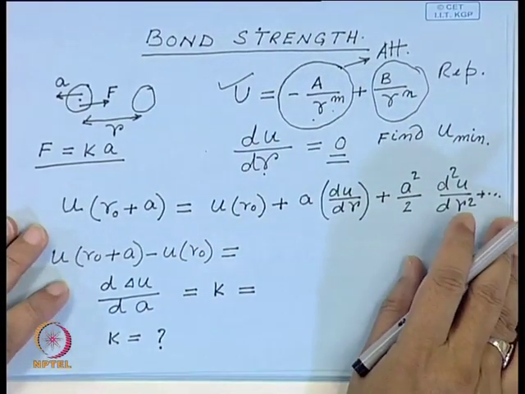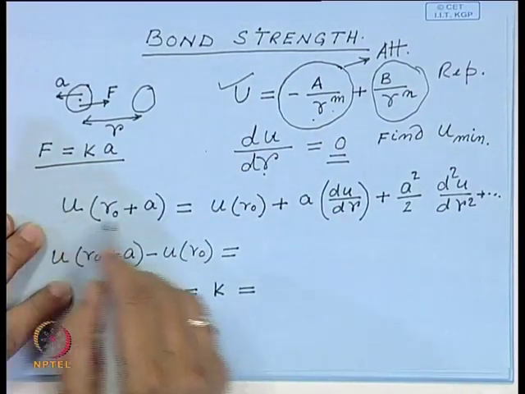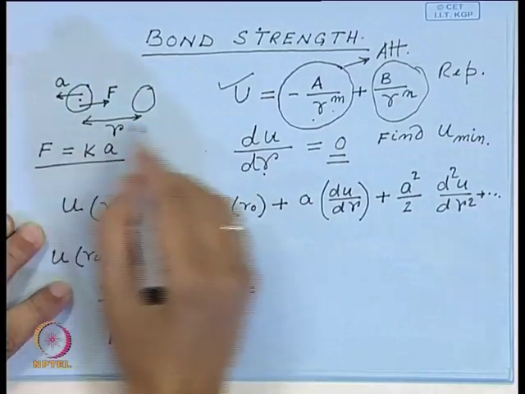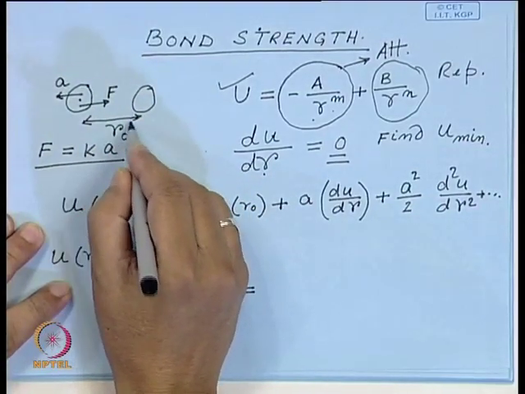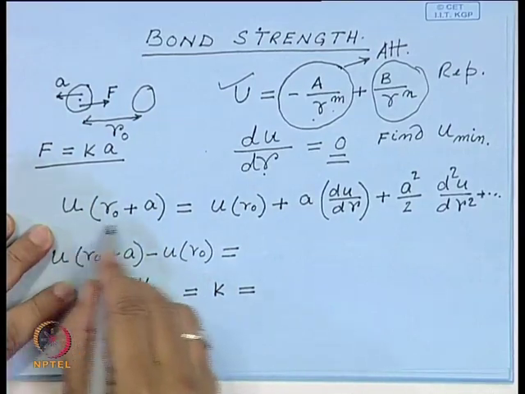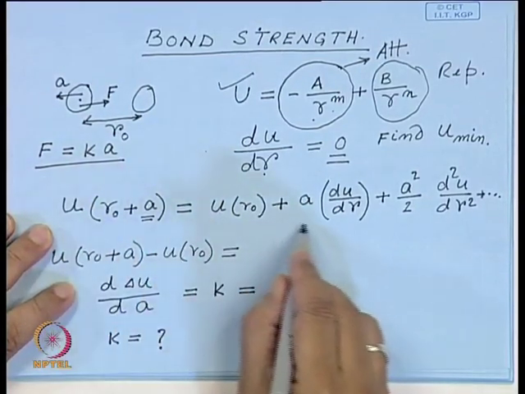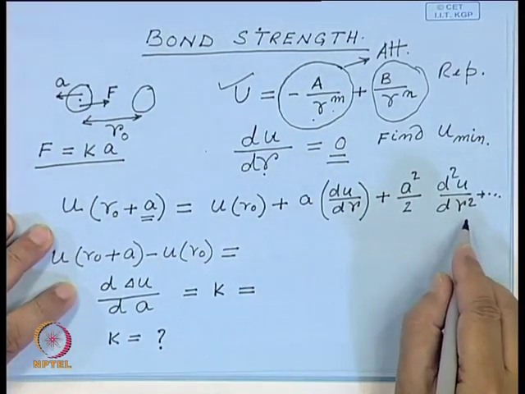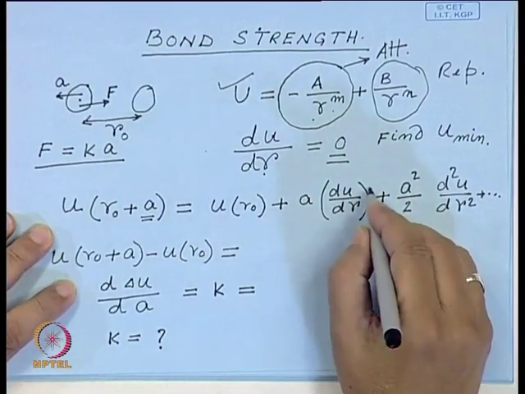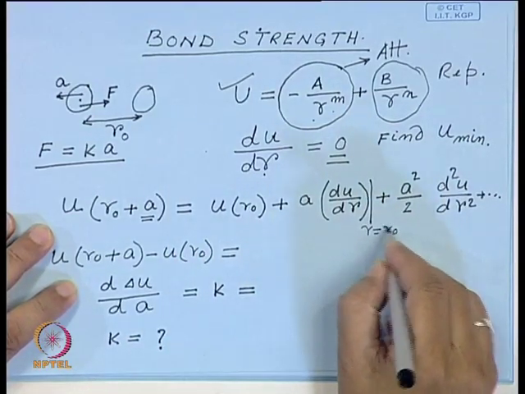If you try to represent this using a Taylor series around the position of equilibrium, where the distance is r naught, this is what has been done. This is a small displacement. If you express this in a Taylor series, this is the expression that you get. Now, this first part at r equal to r naught is 0.